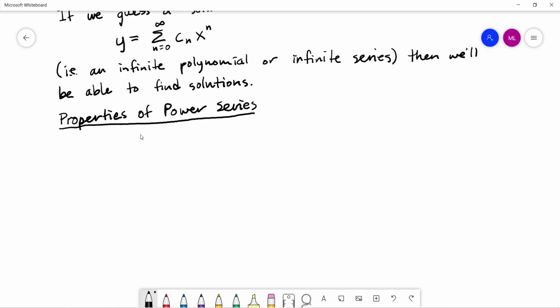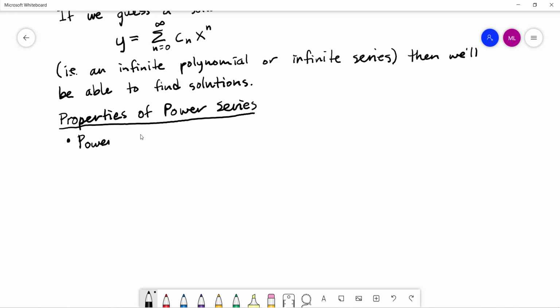They go into a bit more detail, but I'm just trying to pick out the absolute most important pieces that we need. So the main thing is really the whole point in Calculus 2 of talking about power series was to build up to Taylor series. And the point of Taylor series was that you could basically represent functions like exponentials, logarithms, sines and cosines as infinite series, as power series.